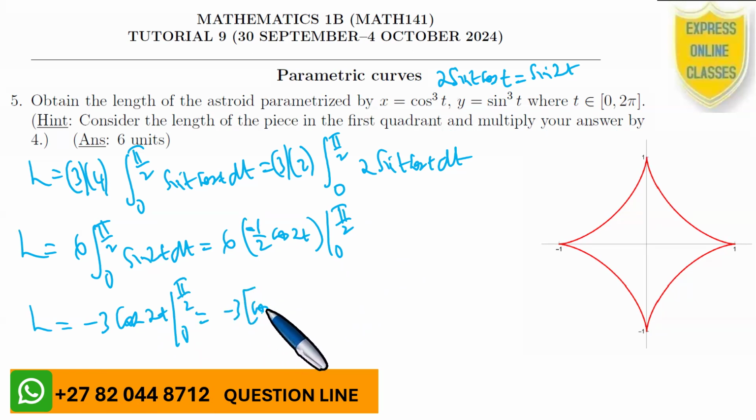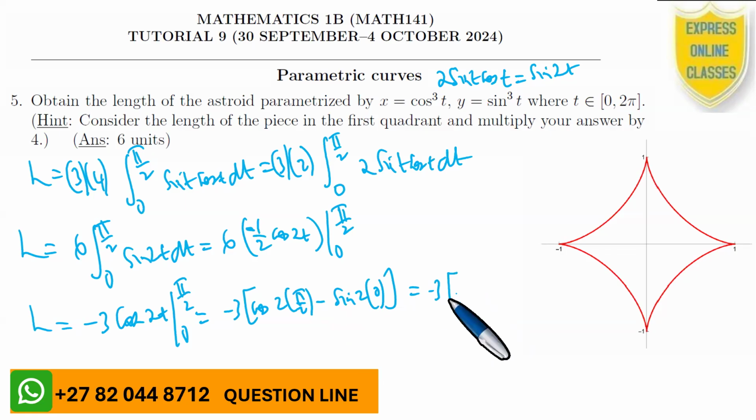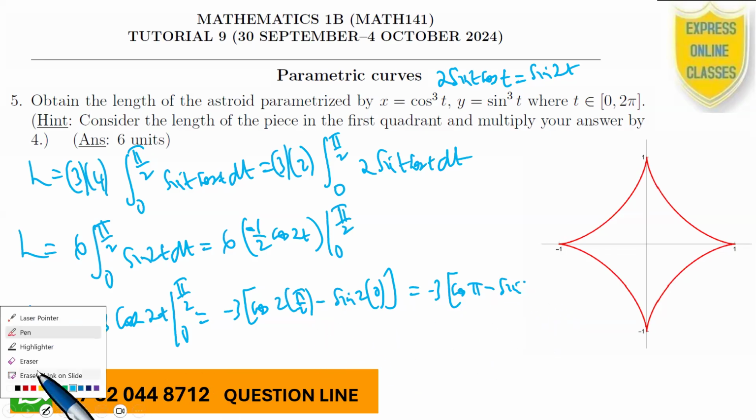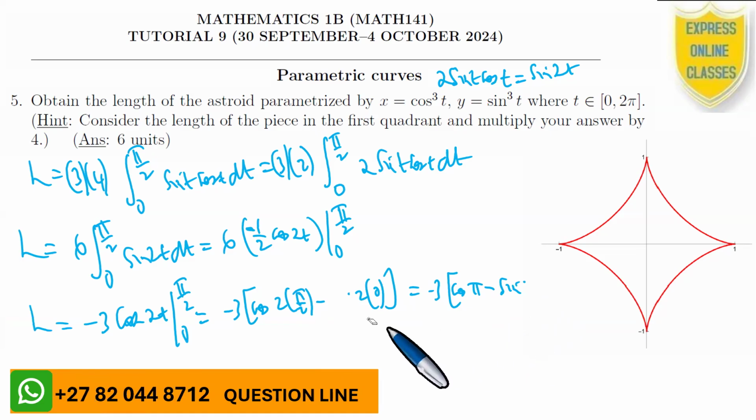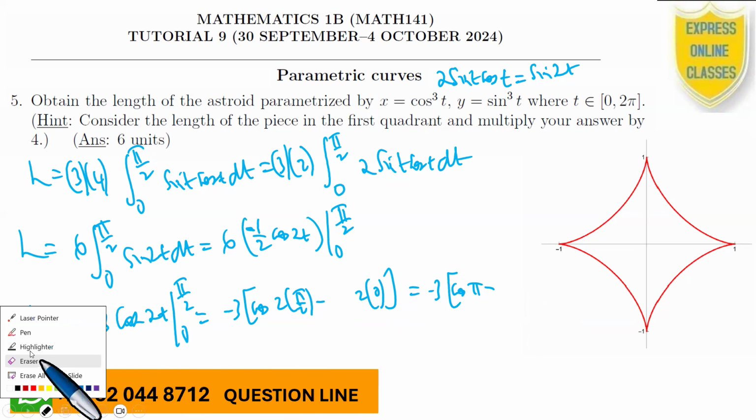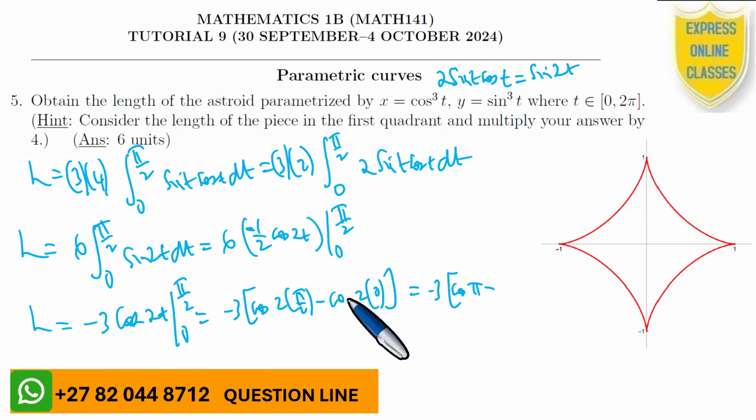Meaning this is minus 3 cosine of 2 times pi over 2, minus cosine of 2 times 0. So this is the cosine of pi minus cosine 2 by 0, which is cosine 0.